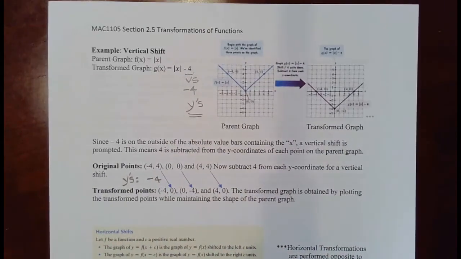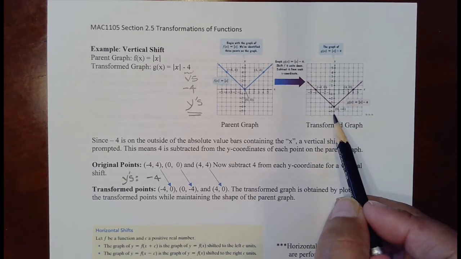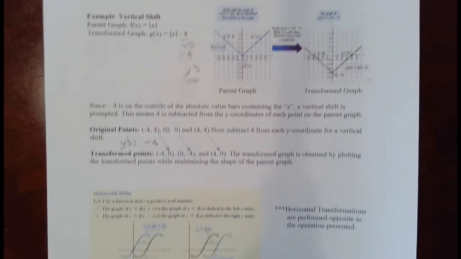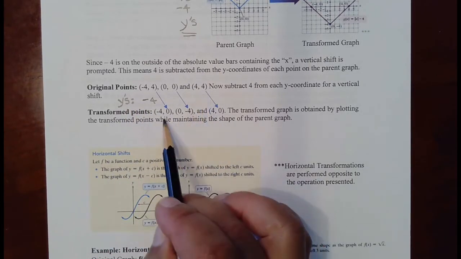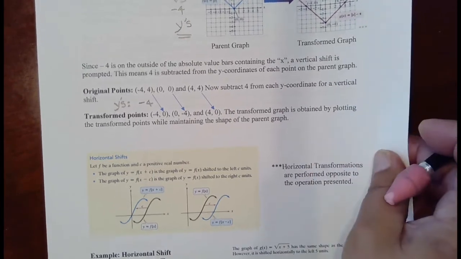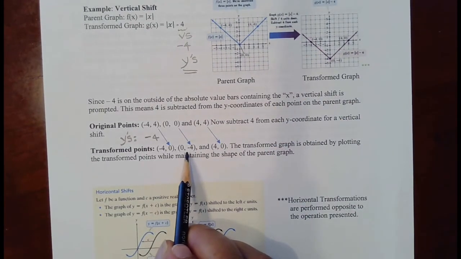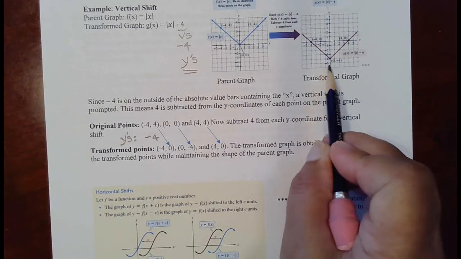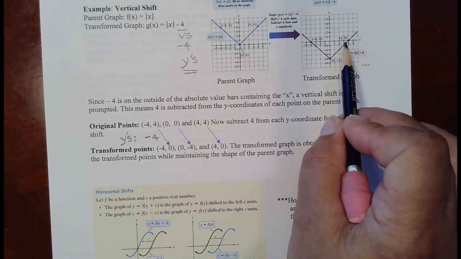We just took these points, transformed the y coordinate, and came up with -4, 0, which is on this graph that you see right here. This new transformed point, 0, -4, is now the new vertex, and 4, 0 is now another transformed point, all obtained by subtracting 4 from the y coordinates on the original points.